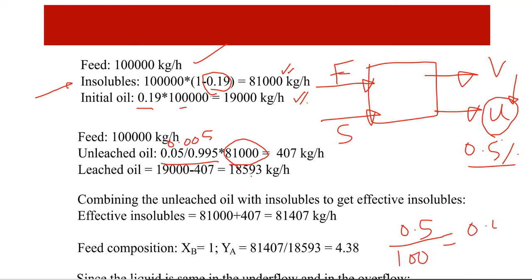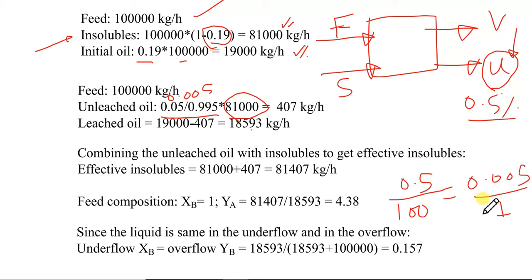So this becomes 0.005 over 1. This is a fraction. If you want to make it a ratio, what will happen?